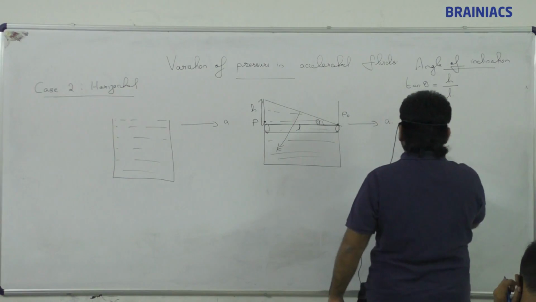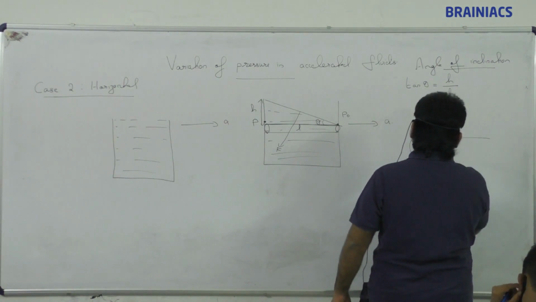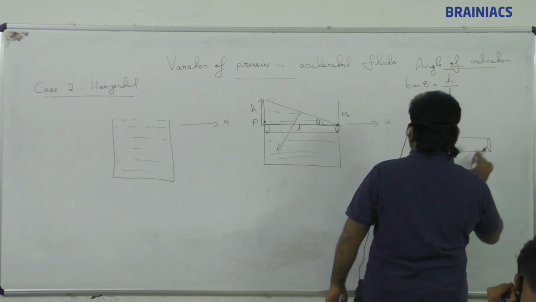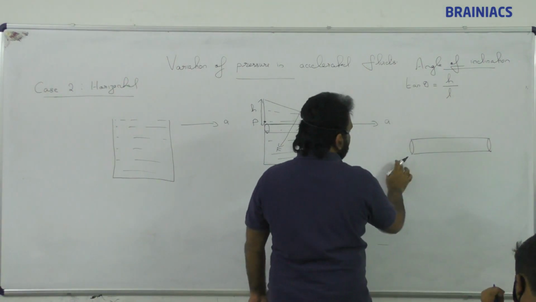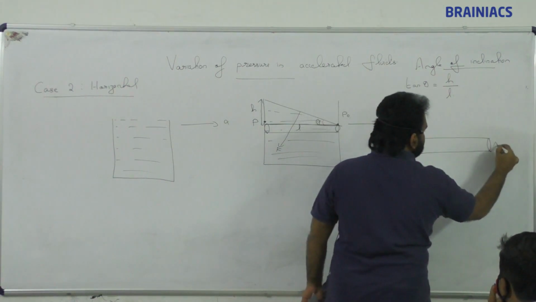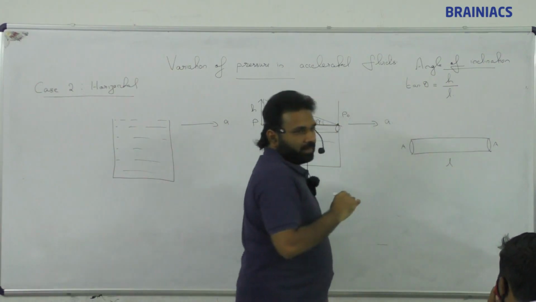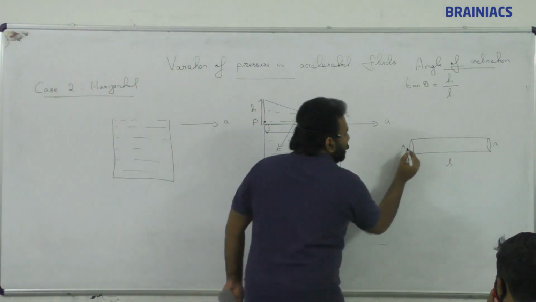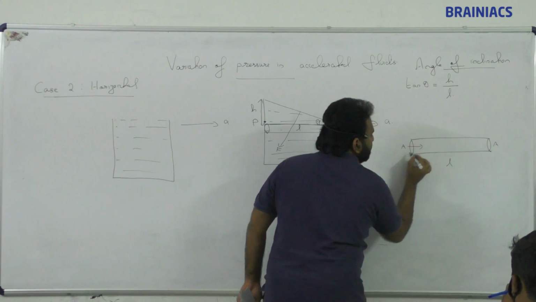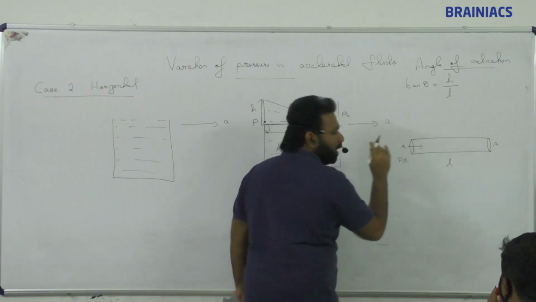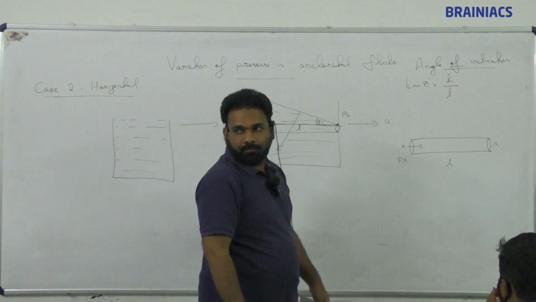Now suppose we take a water column like this. If this is area A, and length is L, what is the force applied in this direction? P into A, correct?